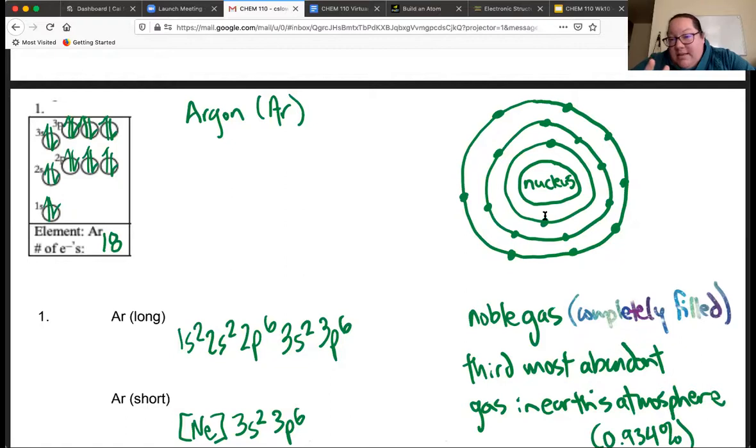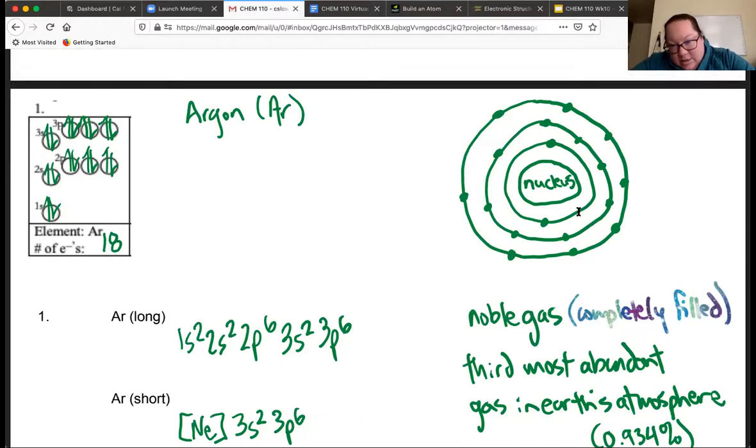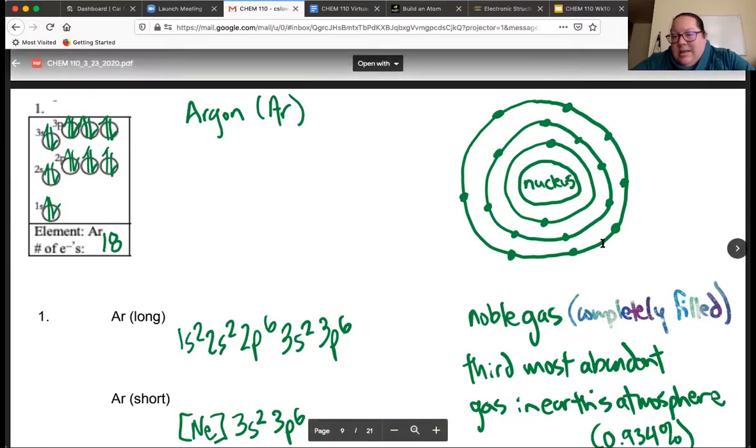And they always have 2 in that first shell. And then all other shells have 8. So because argon has 18 total, it would have 3 shells. The first shell has 2 electrons. The second shell has 8 electrons. And the third shell would have 8 electrons.